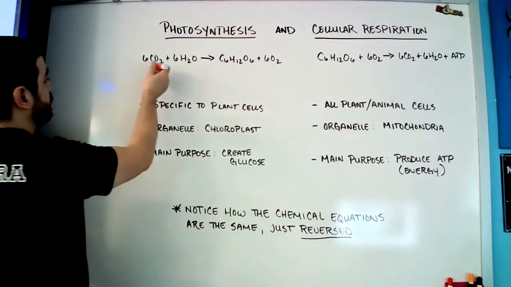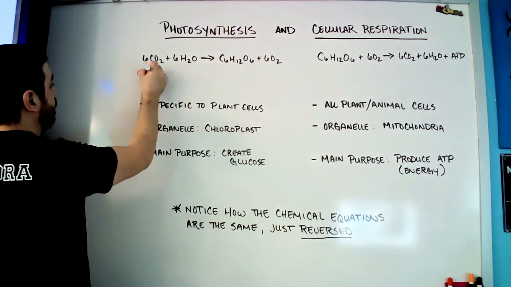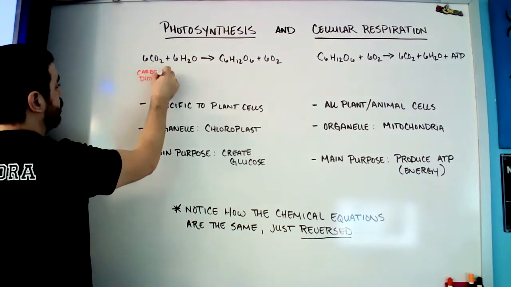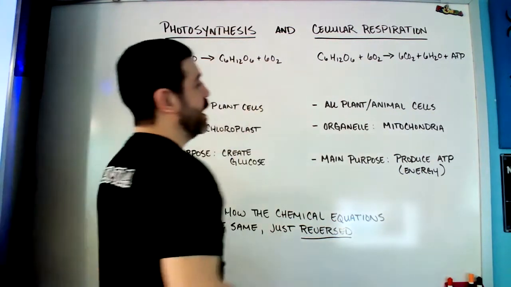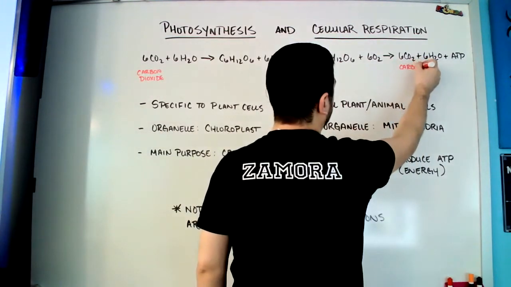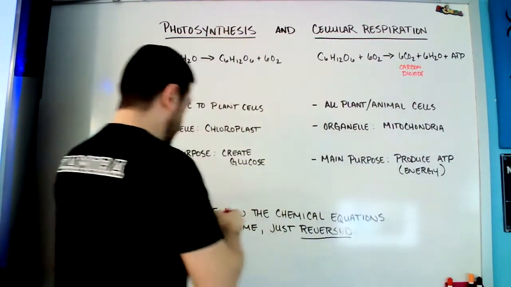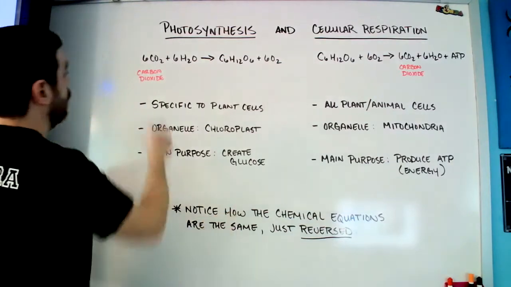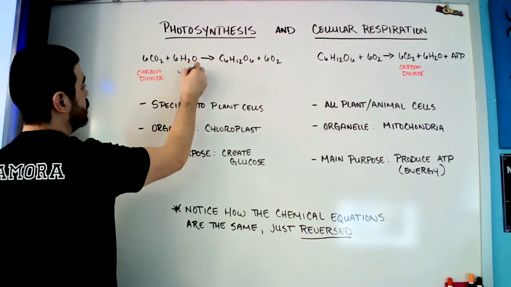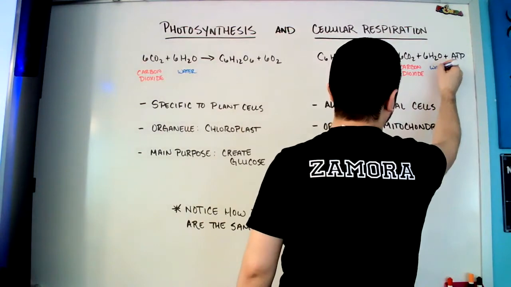We're starting here in photosynthesis with our 6CO2. This is our carbon dioxide. And if you'll notice over here on the other side, for cellular respiration, here's our carbon dioxide. And then next to that, on the photosynthesis side, here's our H2O. This is our water. On the opposite side for cellular respiration, here's water.